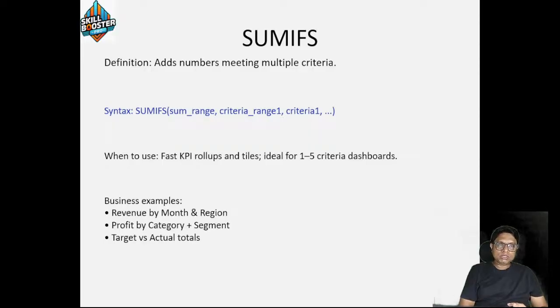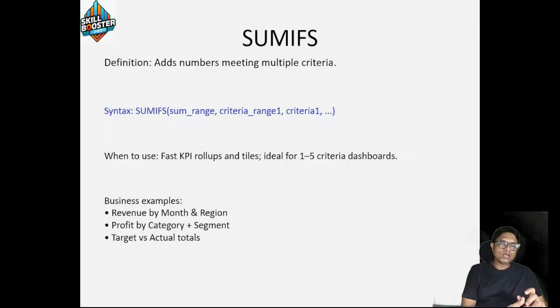Next is the SUMIFS. It's a very regularly used function, where we use the range of data and create a criteria. So it's based on the condition on which you want to summarize the data.